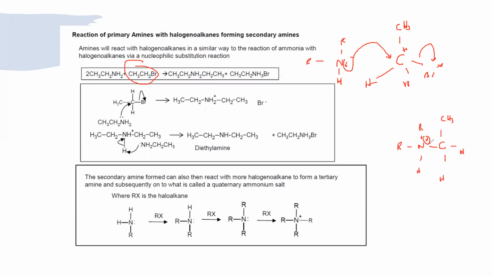Why? Because nitrogen donated one of the electrons to carbon to form a bond. So to gain stability, nitrogen will take the electron from hydrogen, and again nitrogen will have a lone pair.